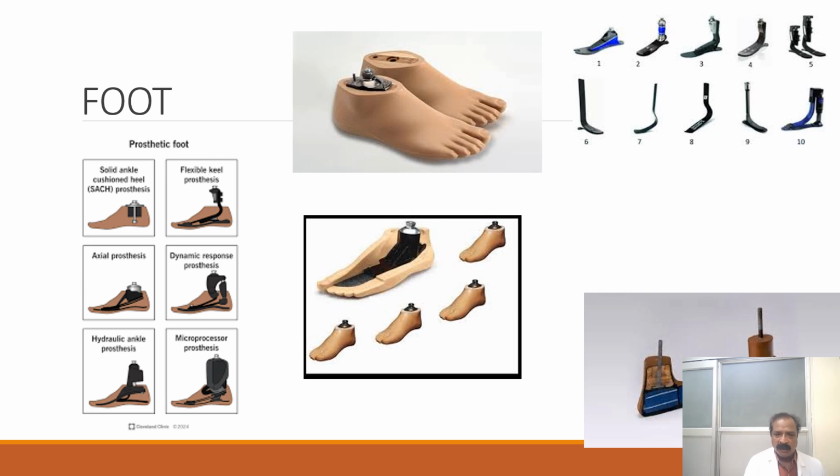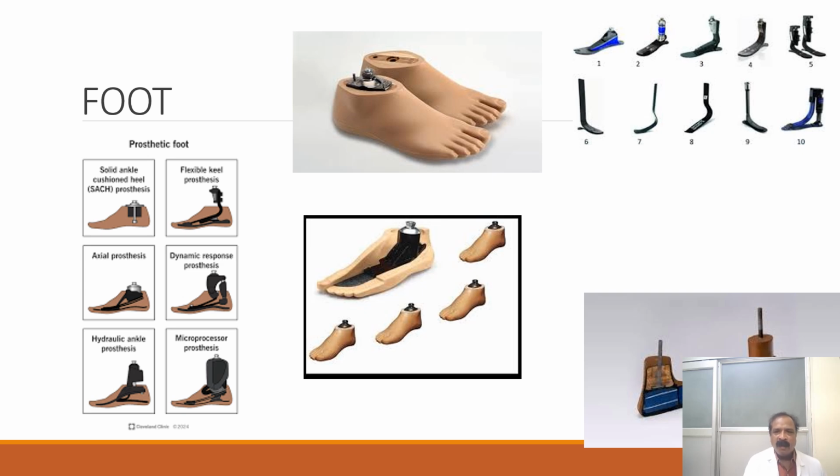In India, we have a foot known as the Jaipur foot, developed by Professor P.K. Sethi, because with any prosthesis somebody uses, you have to use a shoe. In India, as per custom, we don't come into the home with a shoe. So naturally, we need a foot which is washable, durable, with proper motion.